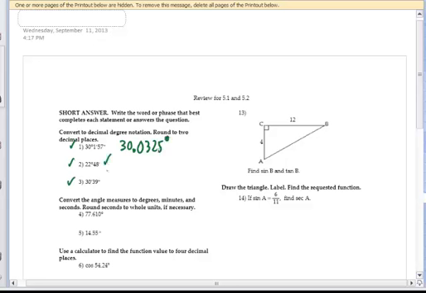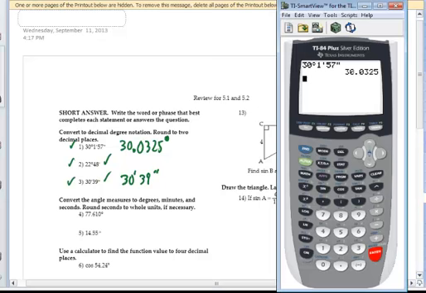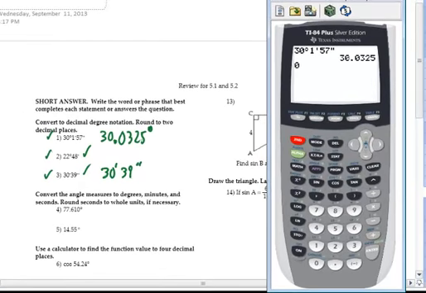Now we do the same thing for these two. Now remember that in this last one it says just 30 minutes 39 seconds. So what you have to make sure you give the calculator is you put in 0 degrees, 30 minutes, and 39 seconds.